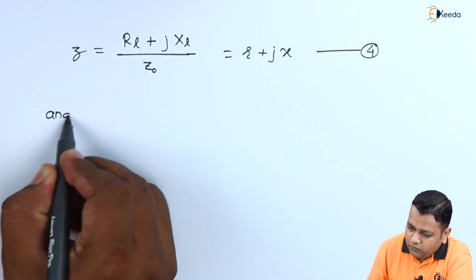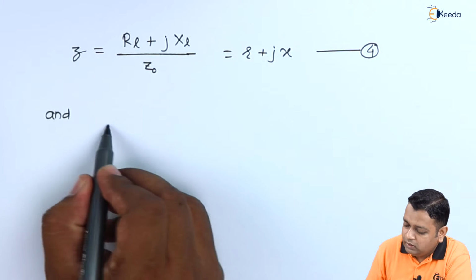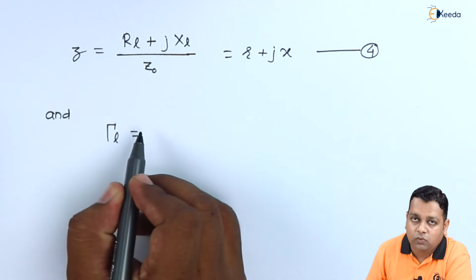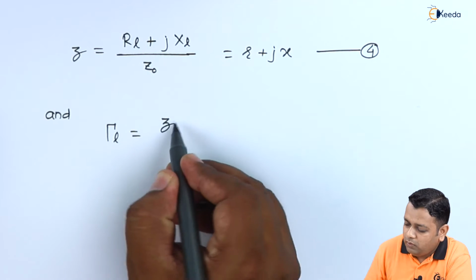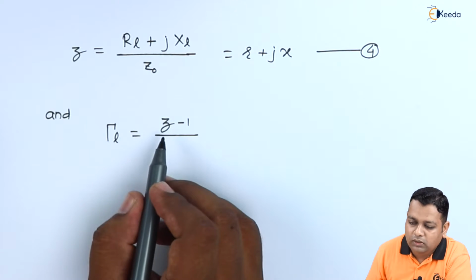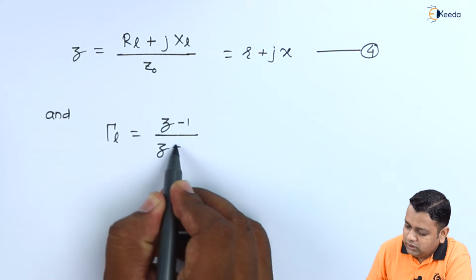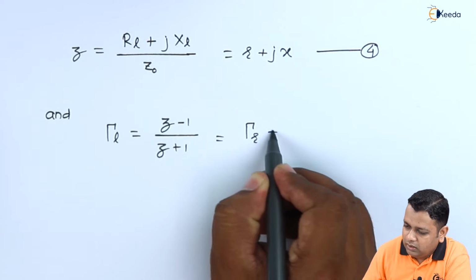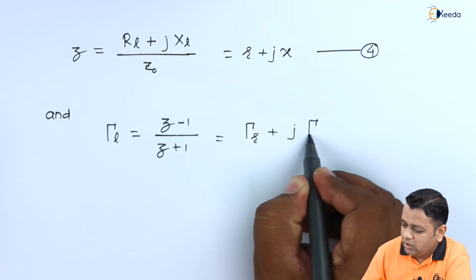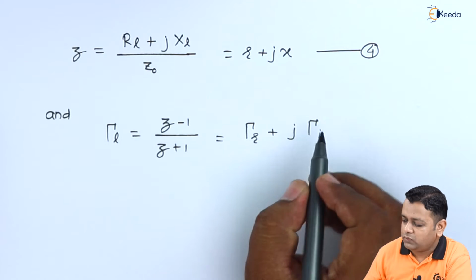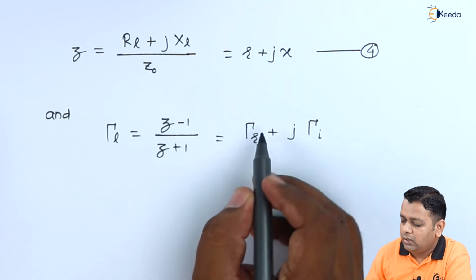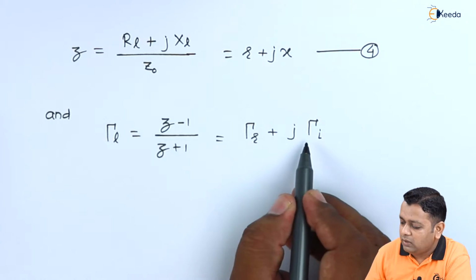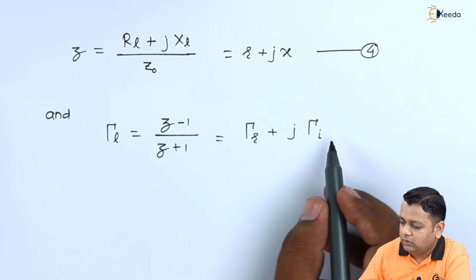Along with this, we can express gamma suffix L in the form of normalized impedance as z minus 1 divided by z plus 1, which is equal to gamma suffix r added with j times gamma suffix I. So these are the real part and the imaginary part of the reflection coefficient.